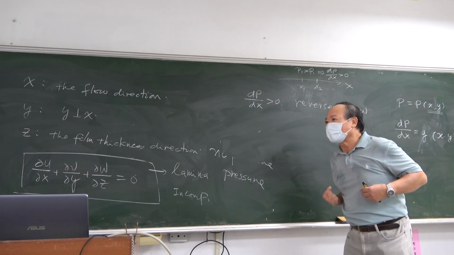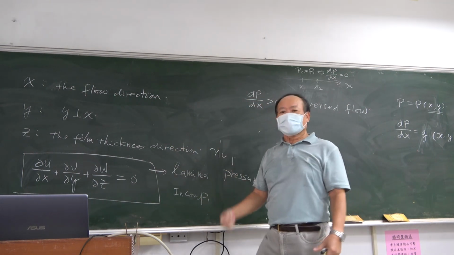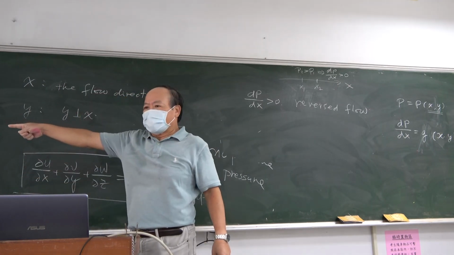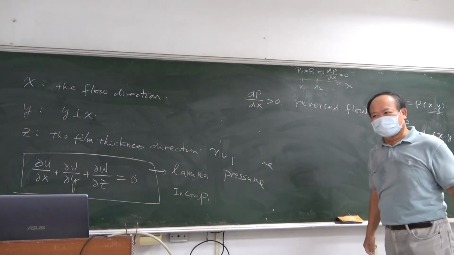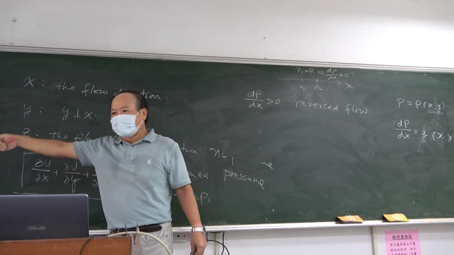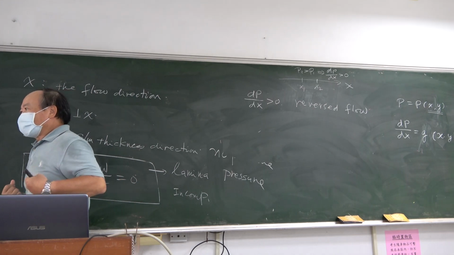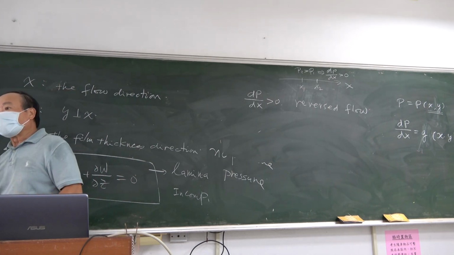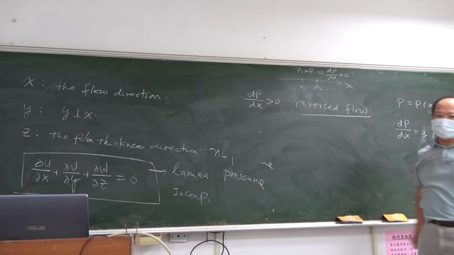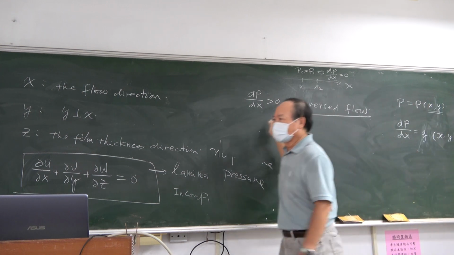In this case, there is some force against me as I run. I want to go forward, but the high pressure in front of me works against me and makes it more difficult to move forward. So in this case, we call it reverse flow. So dP/dx is larger than 0 in these cases.